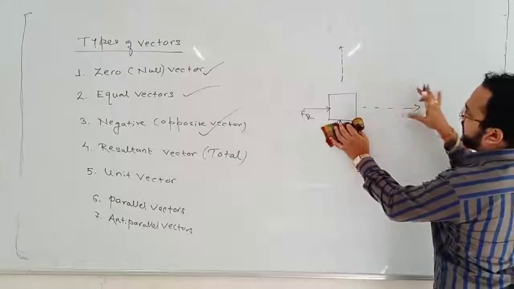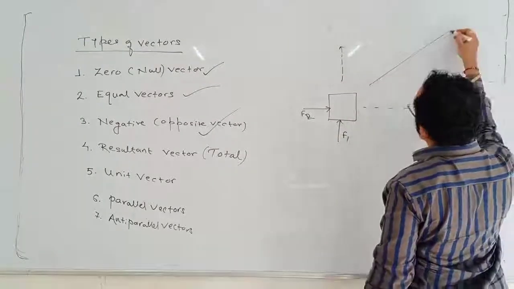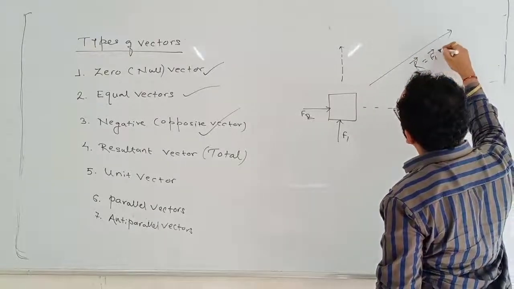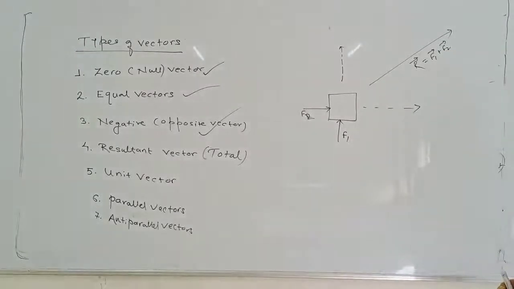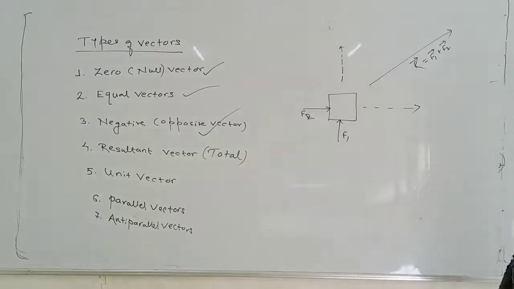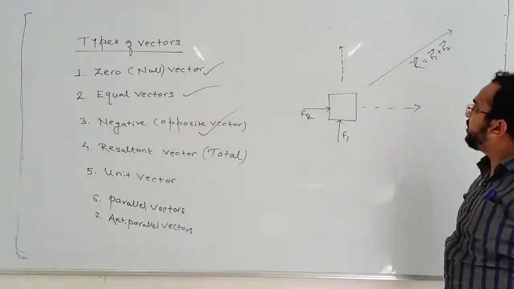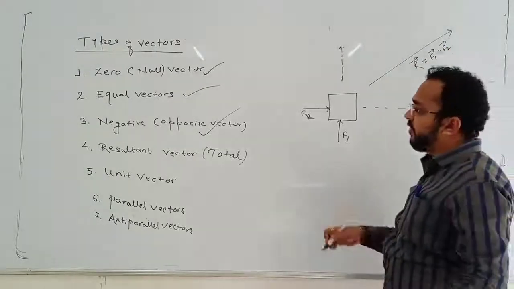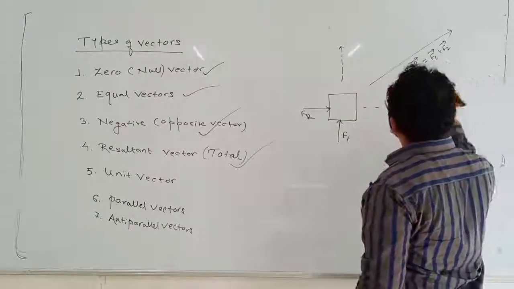But if both are present, it will go in this direction. So this is the resultant force. We can call it F1 plus F2. Draw this diagram. This is the resultant force. So we have studied the resultant force.